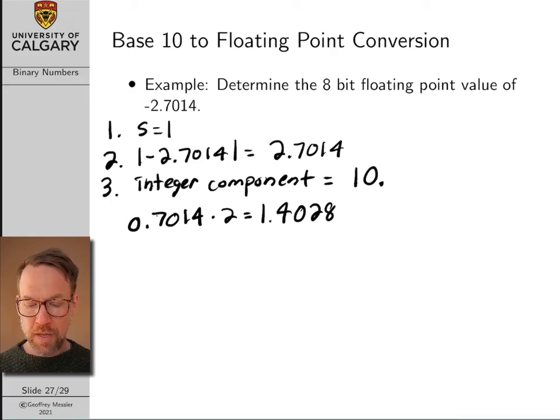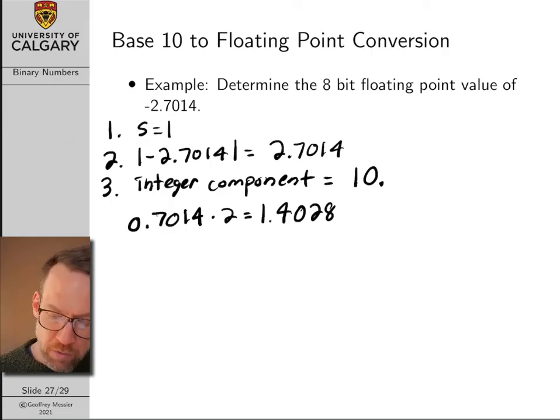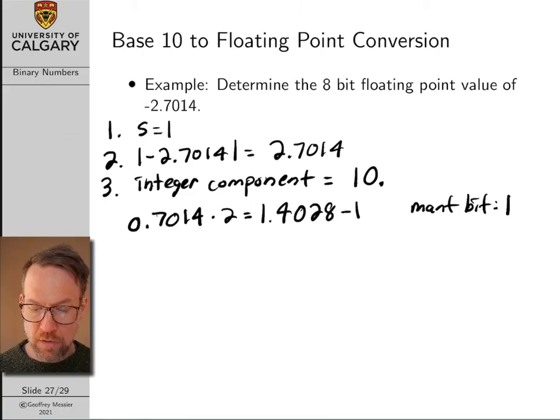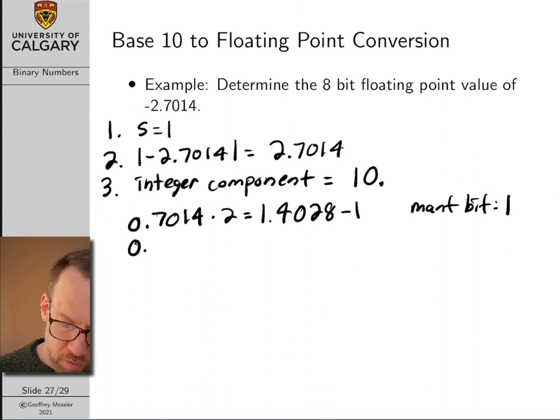Now, after multiplying by 2, we have an integer component, right? So you can imagine that by multiplying by 2, we're shifting our fractional bits to the left. And because we have an integer component here, we've had a 1 shift to the left of our binary point. And so this means we're going to set our next mantissa bit to 1. We then subtract off our integer component, and so in our next step, we multiply 0.4028 by 2.